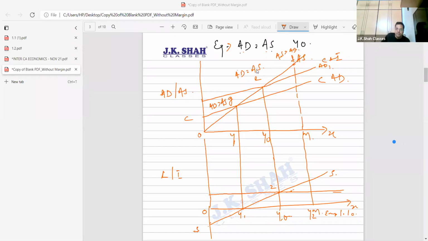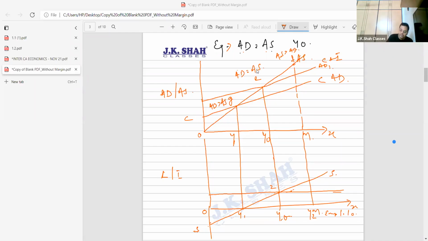At this level of income, S is equal to I. That is ZY0. S is equal to I, that is equal to ZY0. Those who have not followed, here I've written ZY0, you can make it out.